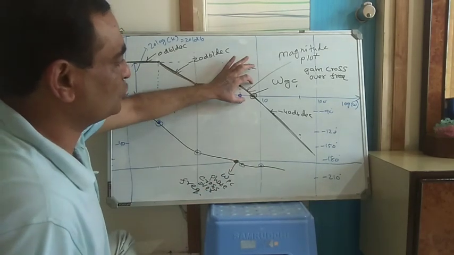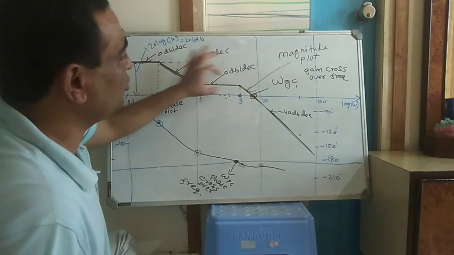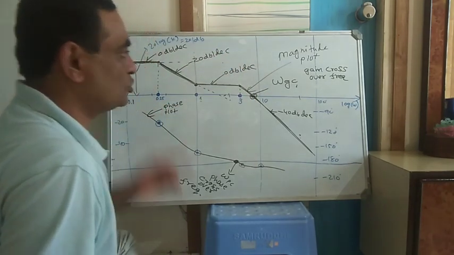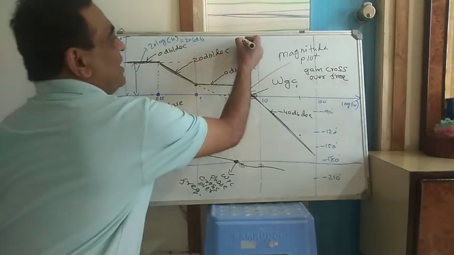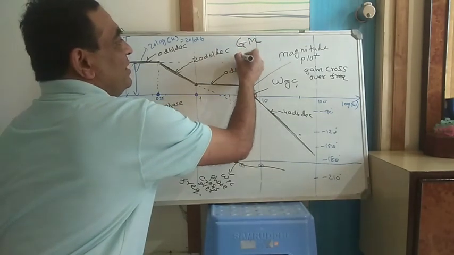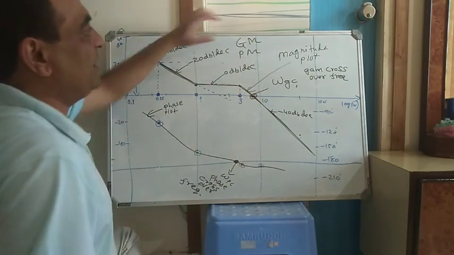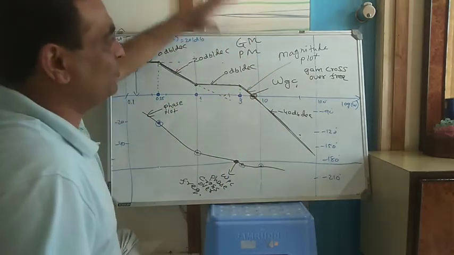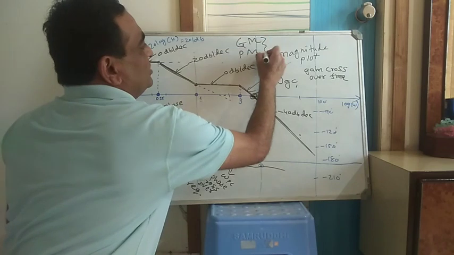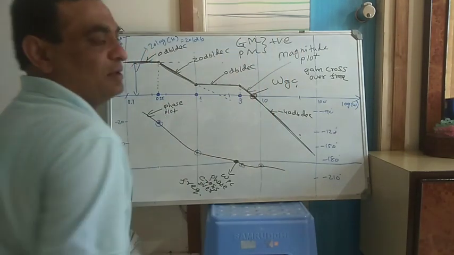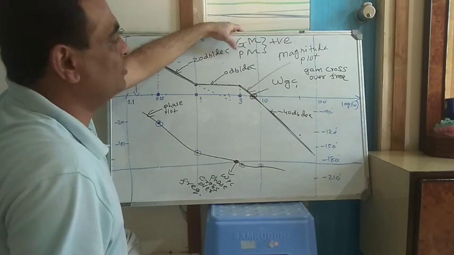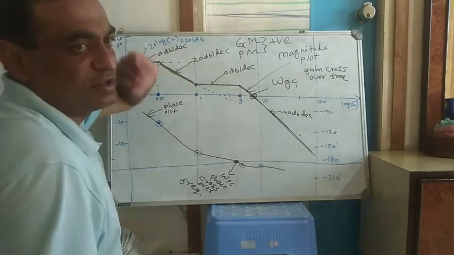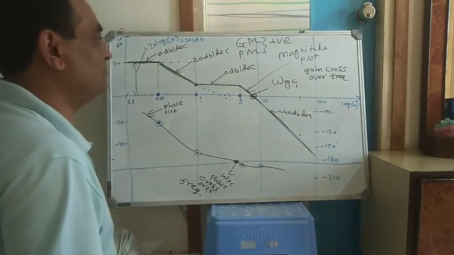The gain crossover frequency omega GC is where the magnitude plot crosses the 0 dB line. Once you have omega GC and omega PC, then I can find the gain margin and phase margin. If both are positive, the system is stable. If either the gain margin or phase margin is negative, the system is straight away unstable.